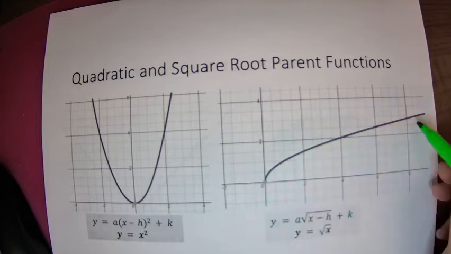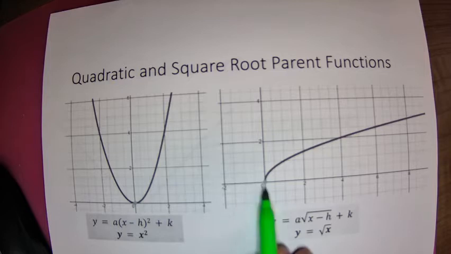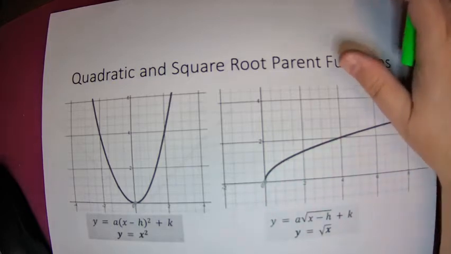You can see maybe where a, again, just makes him wider or skinnier or flips him. H will shift him left and right, and k will shift him up or down. What I've graphed for you is the parent function, y equals the square root of x. That means that we start at 0 and we will grow from there.